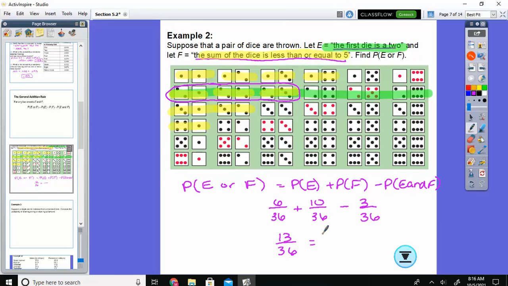As a decimal, 0.3611. Is that all right with everybody?